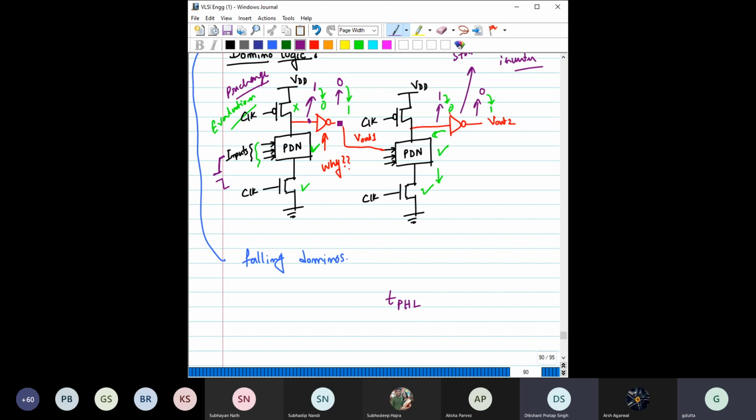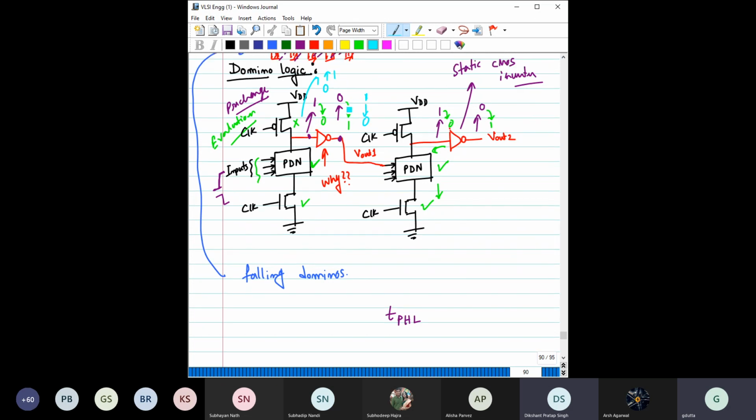Now here the output has to change from high to low, right? That means it has to fall from 1 to 0. Now tell me, is it possible for any input combination during the evaluation phase that this will change from 1 to 0? For it to fall from 1 to 0, this output would have to go from 0 to 1.